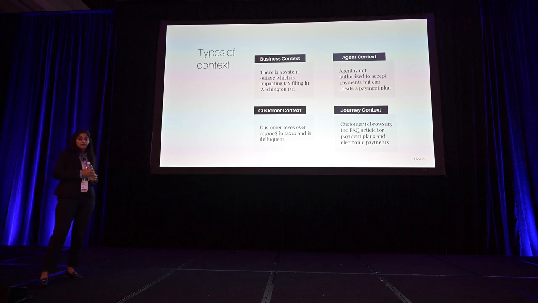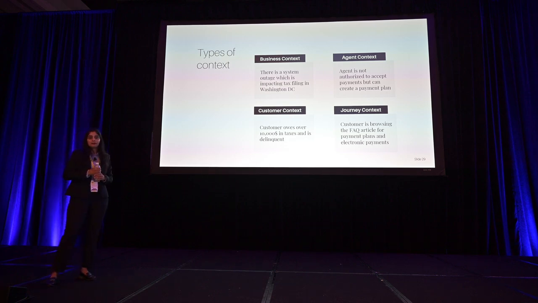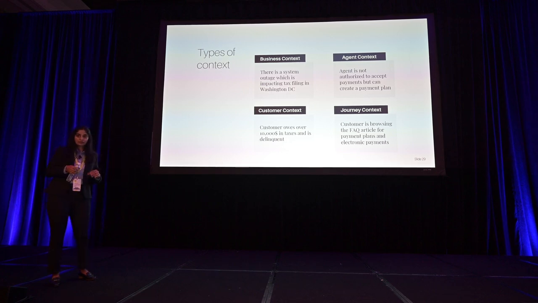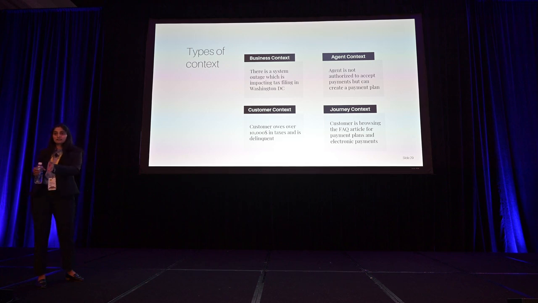The other key ingredient that you put into your prompt is the context of the journey. For example, there's a customer that's navigating a website and they're browsing for FAQs, they're looking for a payment plan, they're trying to do some electronic payments and they couldn't figure it out. Let's say that is the conversation that your agent is handling.